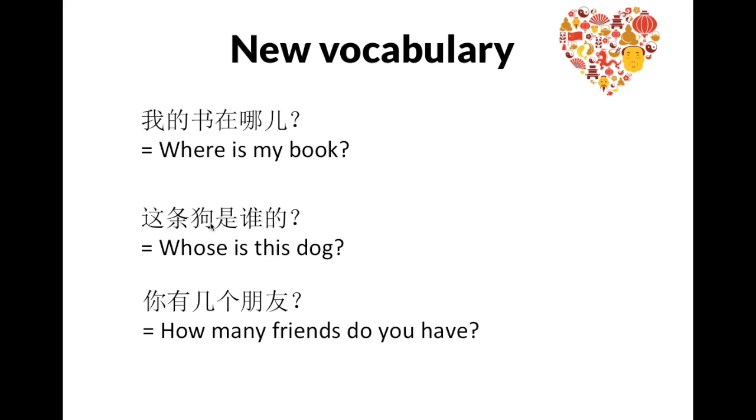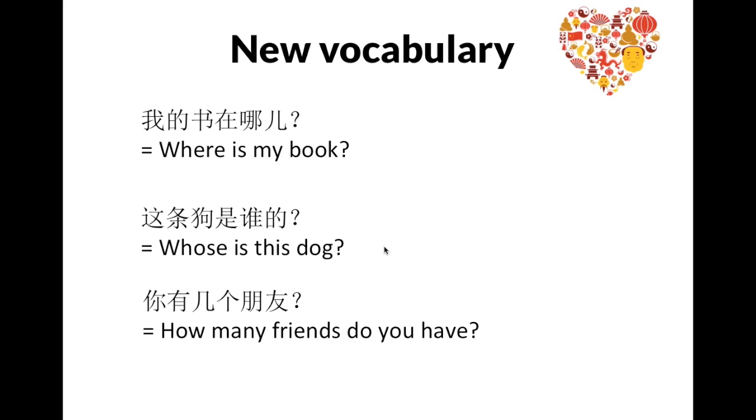这条狗是谁的? This measure word, dog, so this dog, 是 is, 谁 who, 的 possession. So this dog is whose?